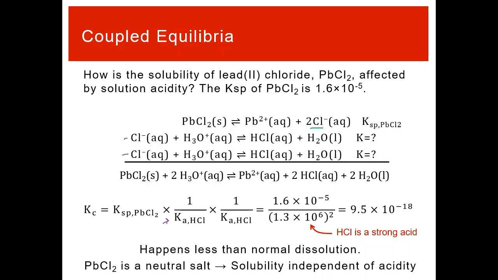Instead, it doesn't happen. And this lower equilibrium constant doesn't mean the solubility decreases. It just means this reaction doesn't happen. This idea of PbCl2 reacting with acids to then generate the Pb2+ and the HCl. Instead, the original solubility is the one that happens. This is still the dominant process for PbCl2 to dissolve in an acidic solution.